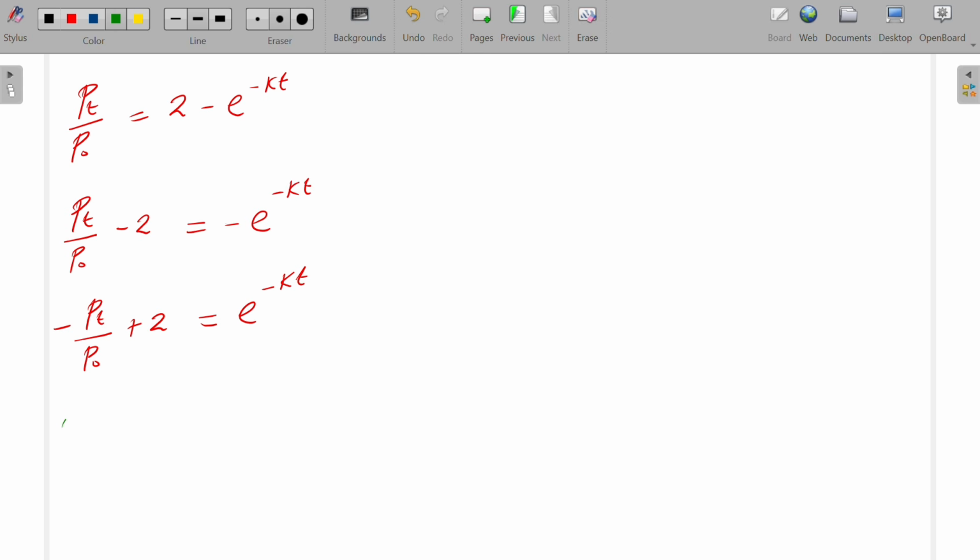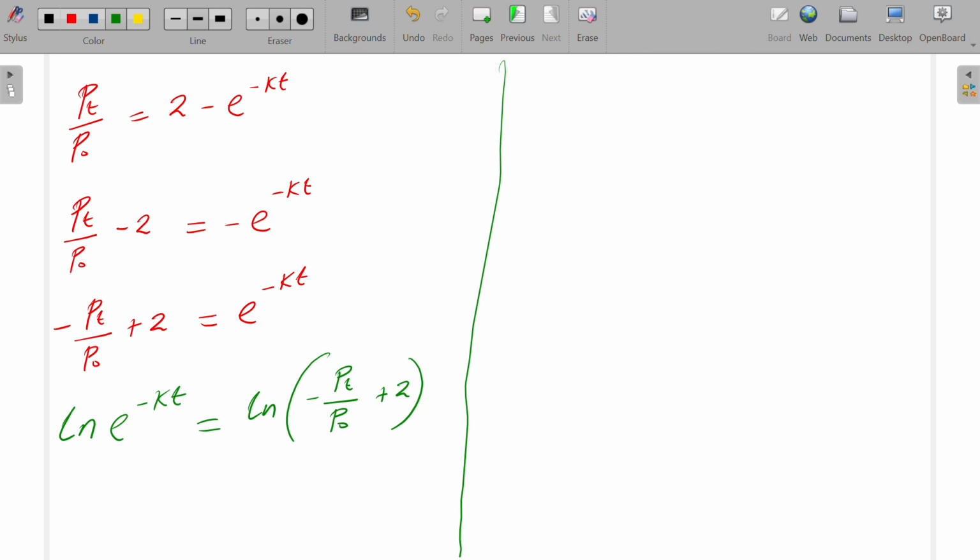So what we are going to have is, I'll start by writing natural log of E to minus KT. This is equal to natural log of everything there, which is minus PT over P initial, that is being added to 2, like that. Proceeding, the natural log and E are going to cancel.